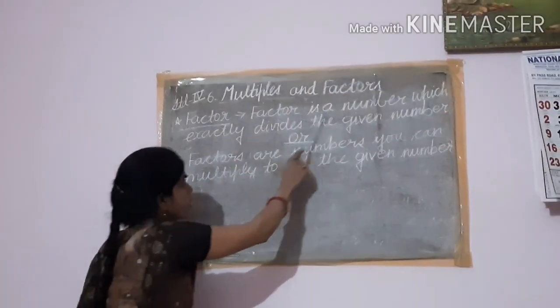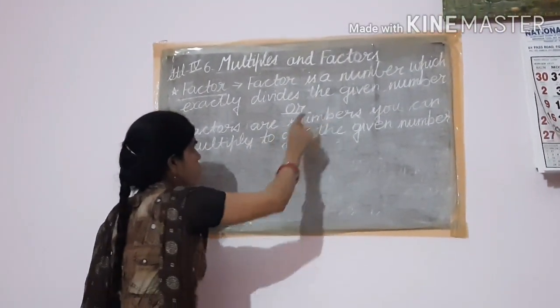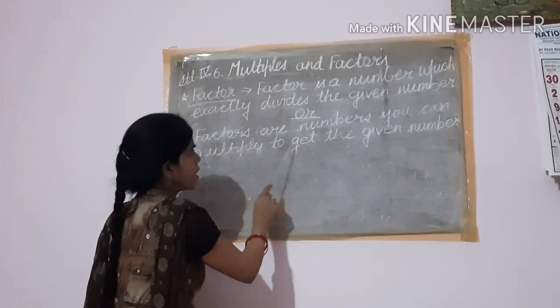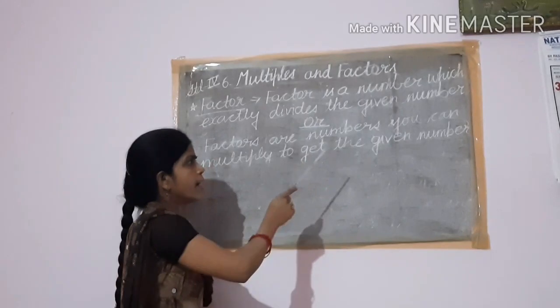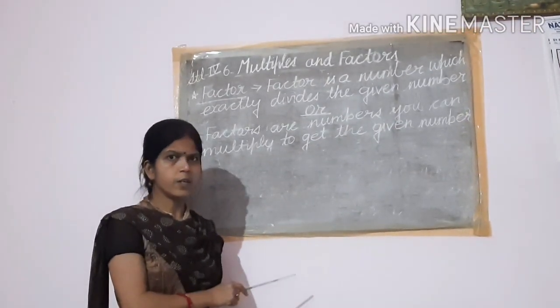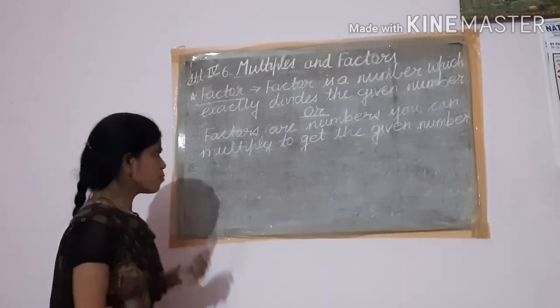We can define a factor. A factor is a number which exactly divides the given number, or factors are numbers you can multiply to get the given number, as I have already shown by giving the example of number 12. Now factors can be found by two methods.